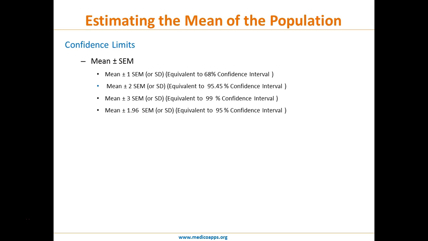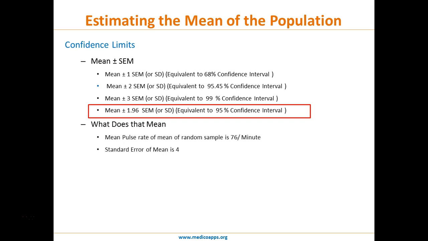Mean plus or minus 2 standard errors of mean is equivalent to a 95.45% confidence interval. Mean plus or minus 3 standard errors of mean is equal to a 99% confidence level. Mean plus or minus 1.96 standard errors of mean is equal to a 95% confidence interval. In medicine, the most important and most frequently used is the 95% confidence interval, which is mean plus or minus 1.96 standard error of mean. I'll explain this concept further by taking an example.